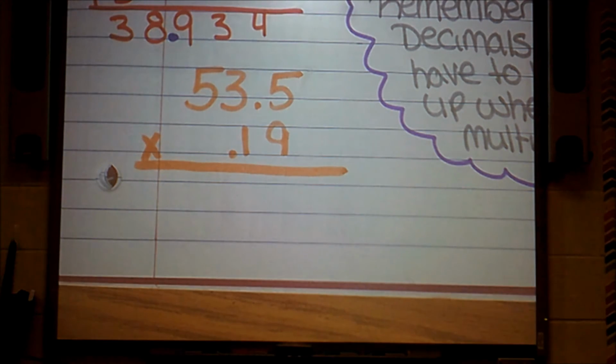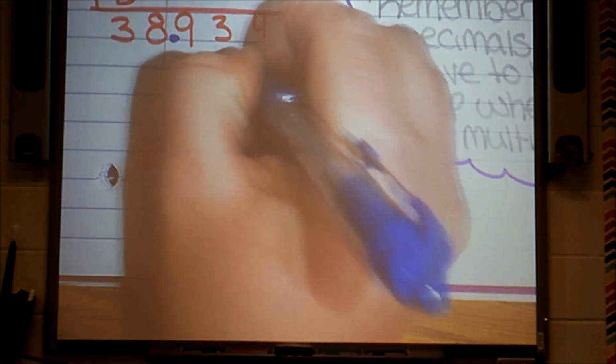So I'm going to think in my brain. This is no longer 53.5 times 0.19. It is now 535 times 19. And I'm going to solve this problem. I'm going to do it in my head so it goes faster.